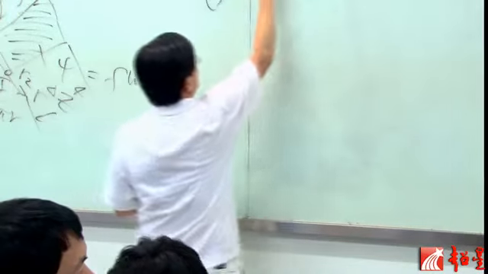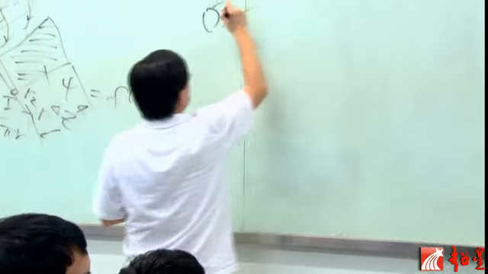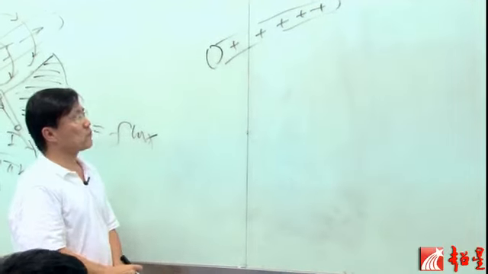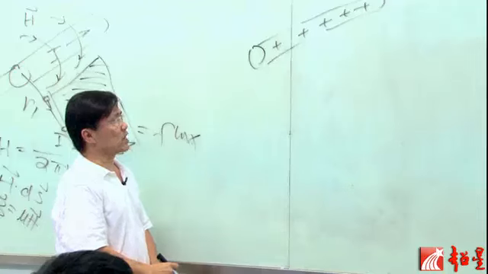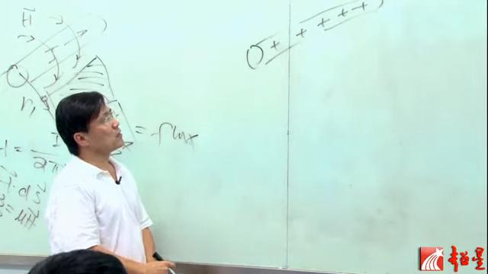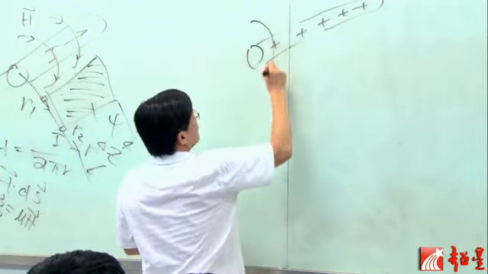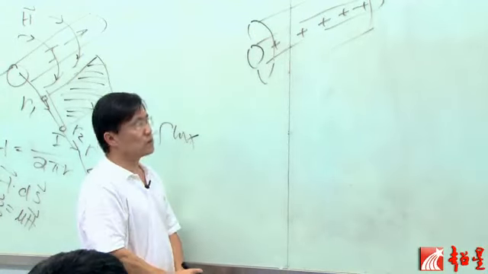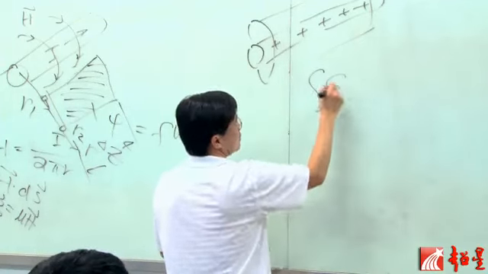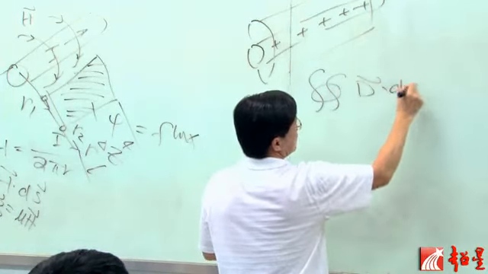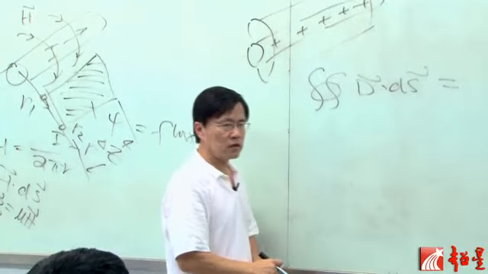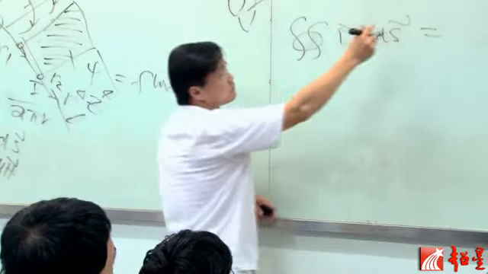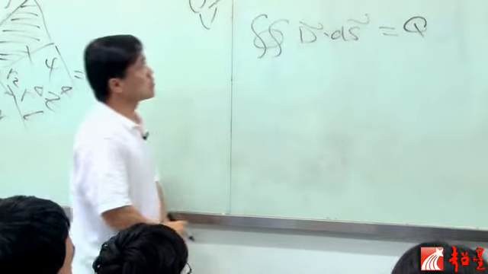Let's say you have a single conductor here, and there's a charge on this conductor. Then we apply Gauss's law, and we can draw a closed surface. Gauss's law says that if we do a closed surface integration, we get the charge inside, right? The charge is inside.